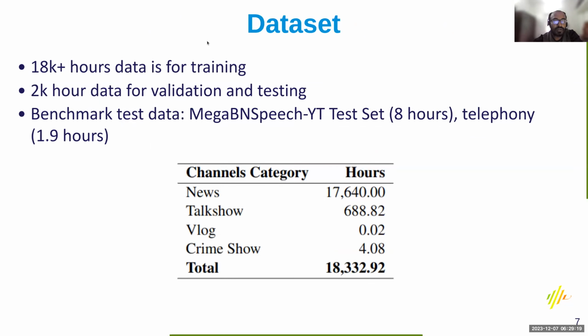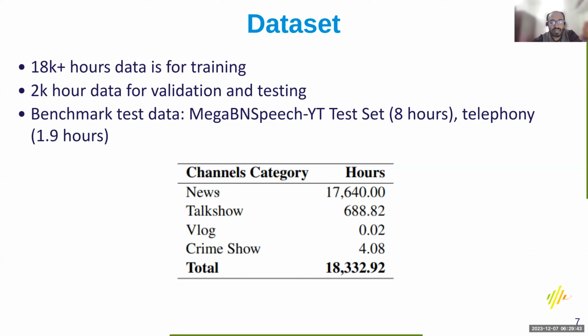Our collected dataset so far is 20K hours, and from this 20K hours, 18K hours of data are taken for training, and the remaining 2K hours are taken for validation and testing. In our testing set, there are 2 kinds of data. One is the MegaBn speech YouTube test set with 8 hours and the other is telephony data with 1.9 hours.